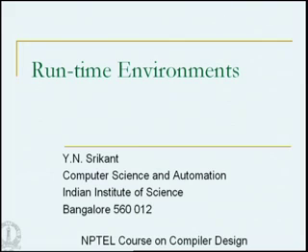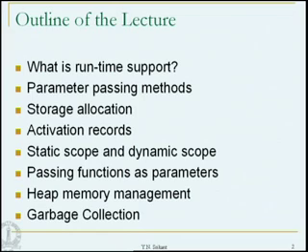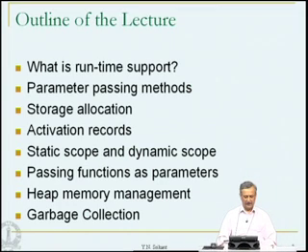So, now we begin the next lecture on runtime environments. Here is an outline of the lecture. Let us see what runtime support is. Then we are going to see a few of the parameter passing methods. We will discuss storage allocation.